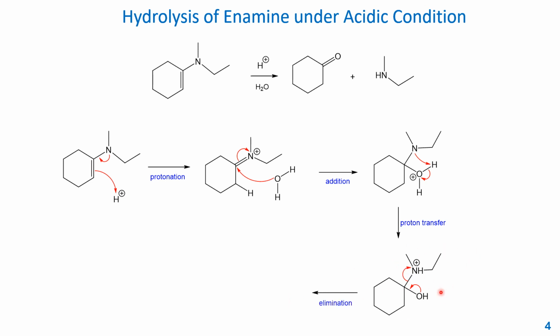So this step is called elimination. And this kicked off leaving group actually is this byproduct. This is ethyl methylamine. And then this intermediate apparently needs to be deprotonated to form a neutral product. So this proton will be deprotonated by a base, and the base will take the proton, push the sigma electron back to oxygen, and then after this deprotonation, you get this neutral ketone here.